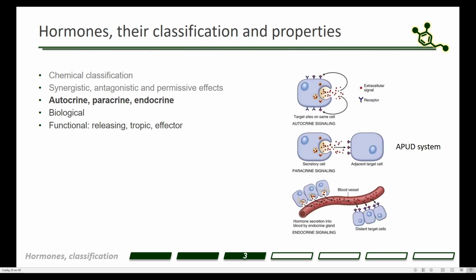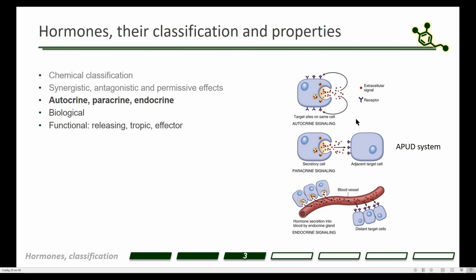Now, another classification is based on how far the hormone has to travel from the place it was secreted. If it doesn't travel far but rather acts on its own cell, like the cell produces it, and then the hormone acts on that cell, this is what is called autocrine signaling or autocrine effect. The next one is paracrine.